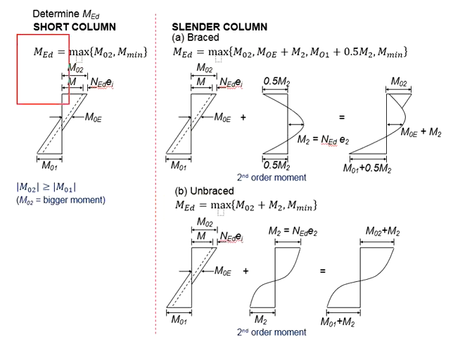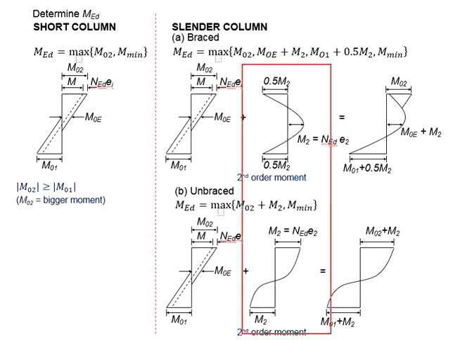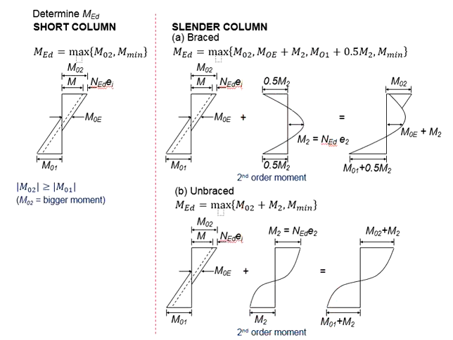Short columns only deal with the first order moment, where the moment acting onto the column will need to be added up with the moment due to imperfection. Whereas for the slender column, you will need to incorporate the second order moment.